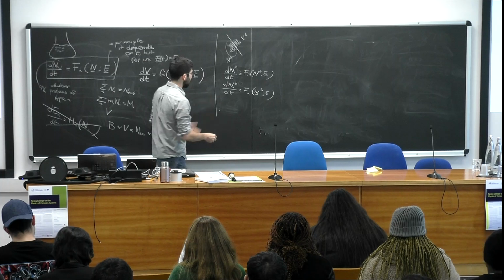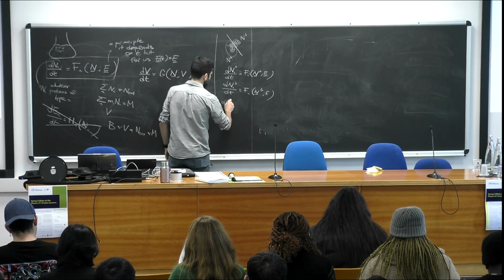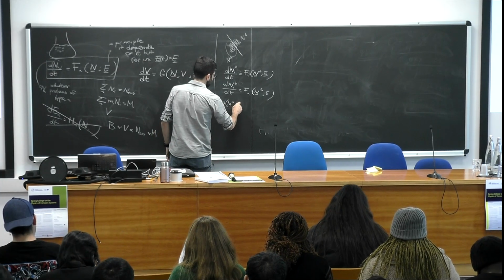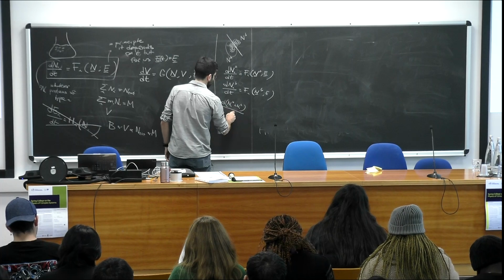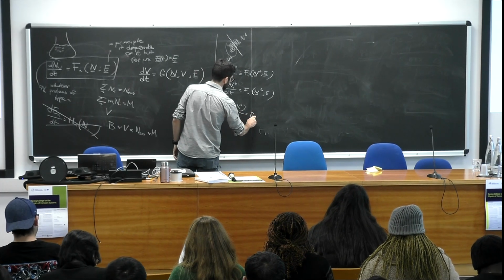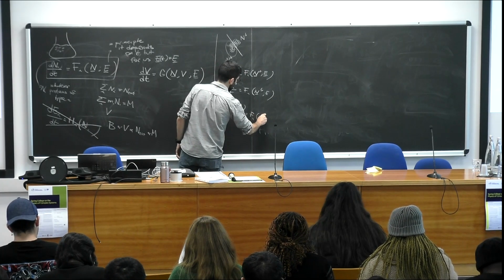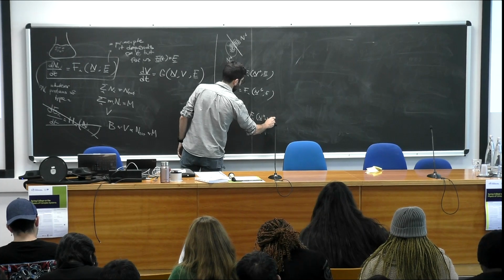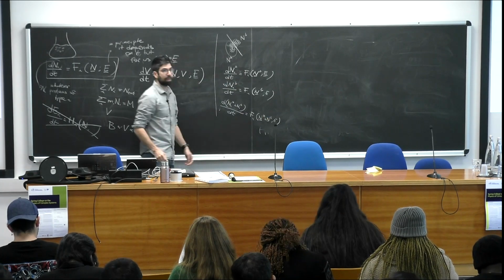But this distinction is arbitrary, right? So if I write d(N_i^A plus N_i^B)/dt, this should be equal to F_i(N^A plus N^B, E).